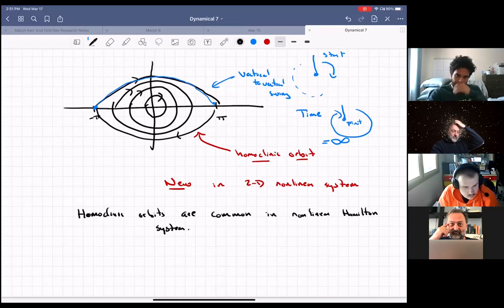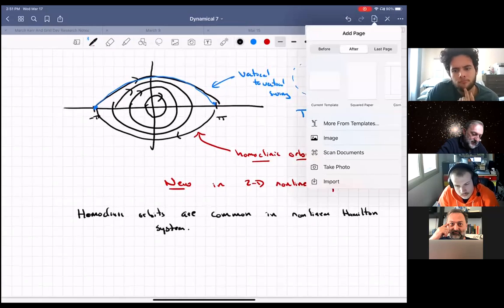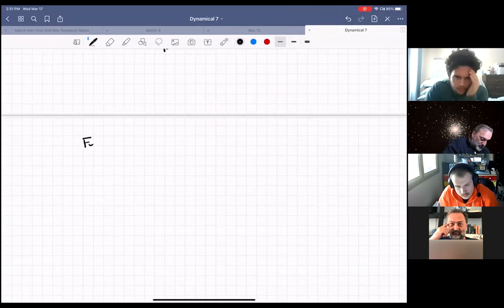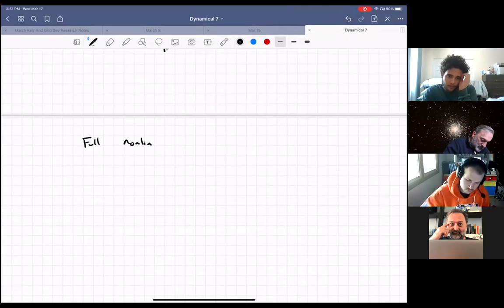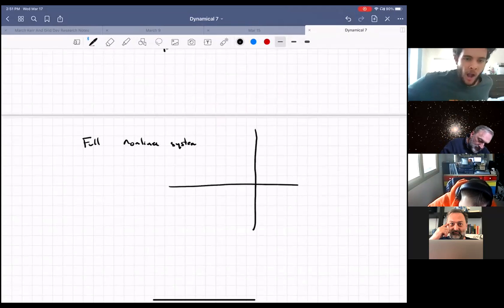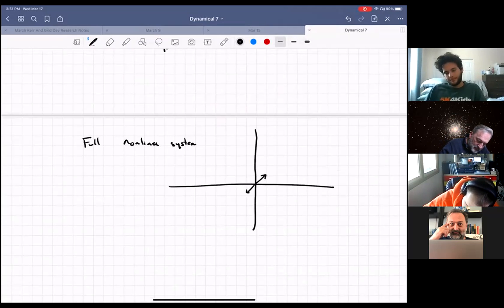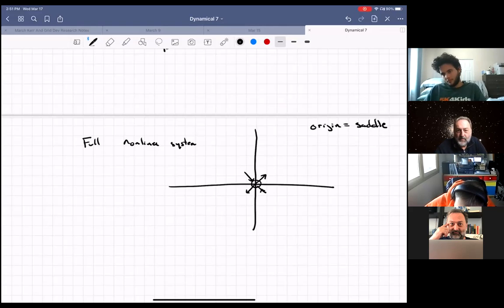Okay, so for instance, we might have a full nonlinear system for whom the phase portrait has, say, a saddle here. So that's a structurally stable element. And I might have over here a center.